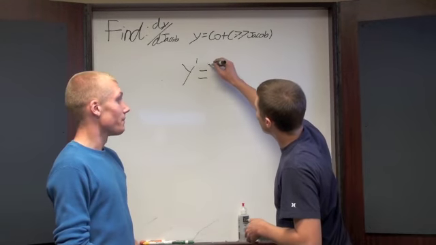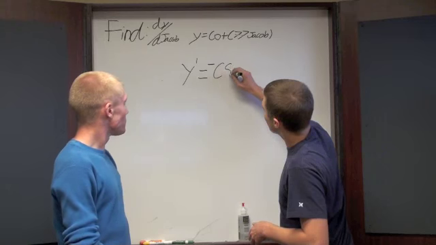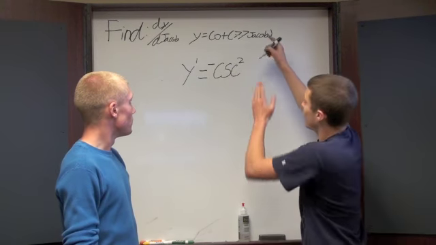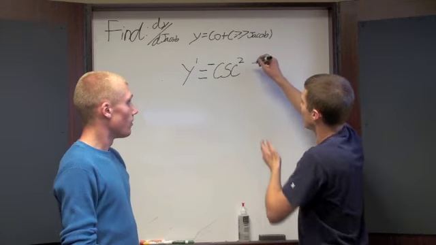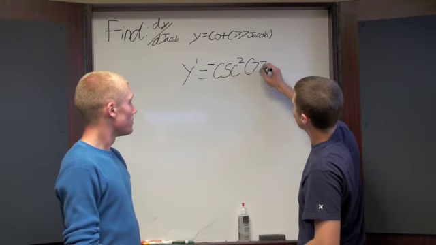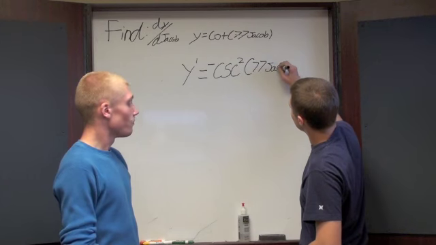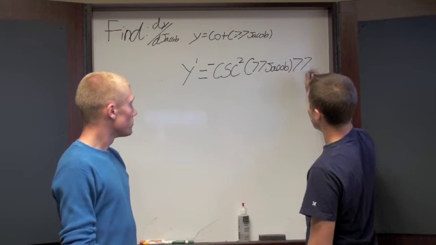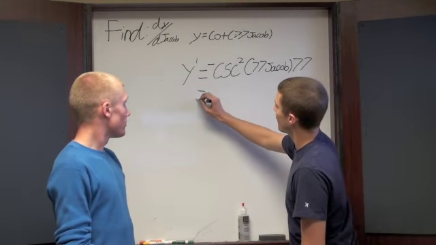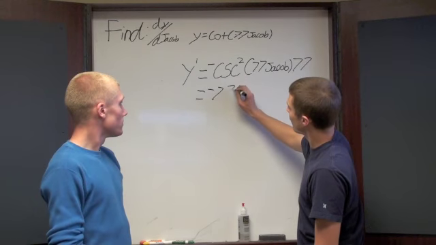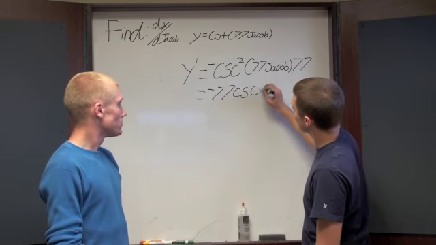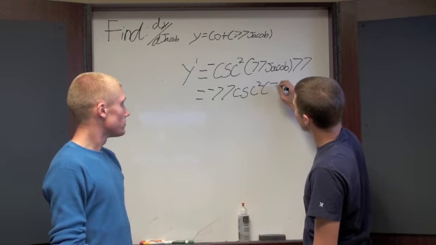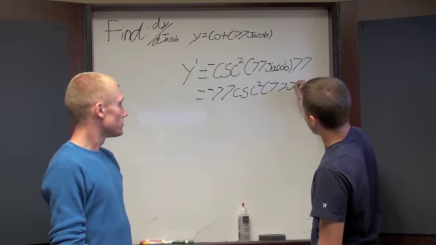We have negative the cosecant squared of our inside, 77 Jacob, times the derivative of the inside, 77. So, simplify that a little bit. We have negative 77 times the cosecant squared of 77 Jacob.